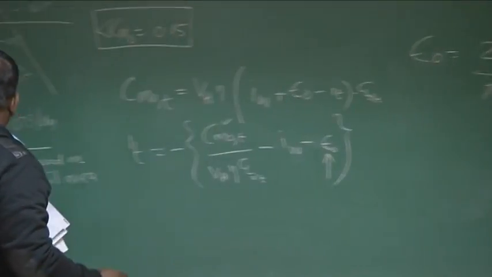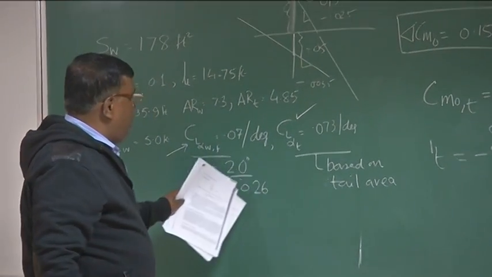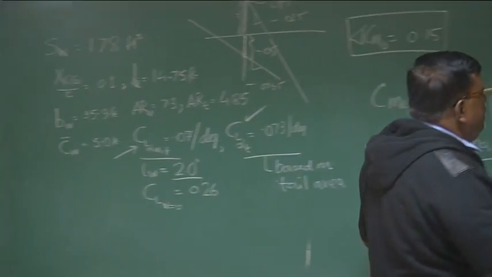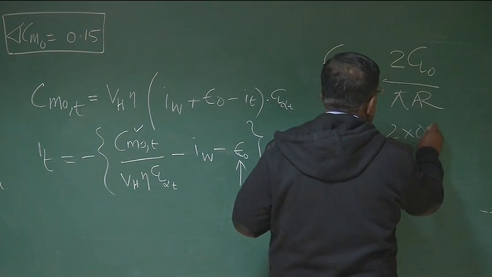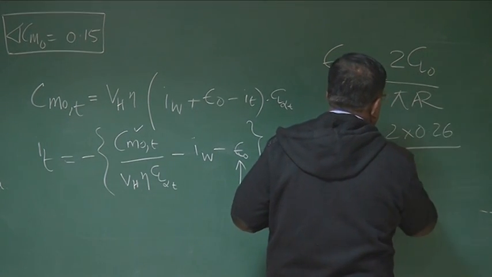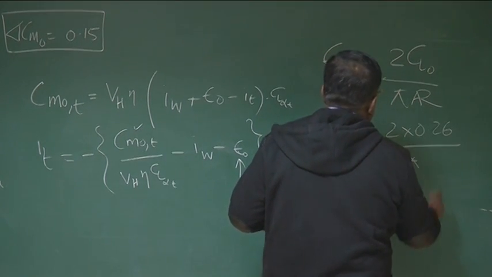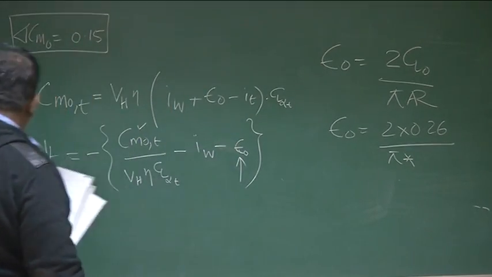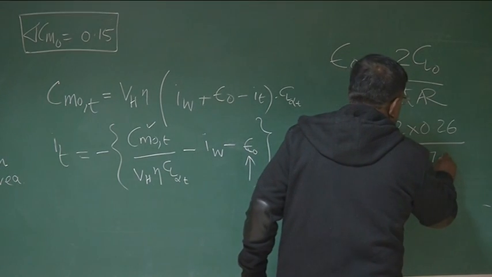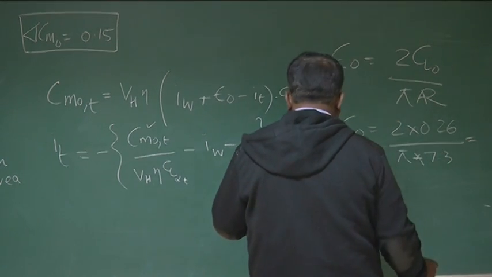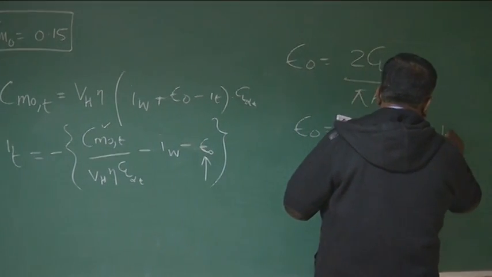How much? Let us see, Cl at alpha equal to 0 is 0.26. So I put this value here, so epsilon naught is 2 into 0.26 by pi, and the aspect ratio is around 7.3. So this gives you a value equal to 1.3 degree.